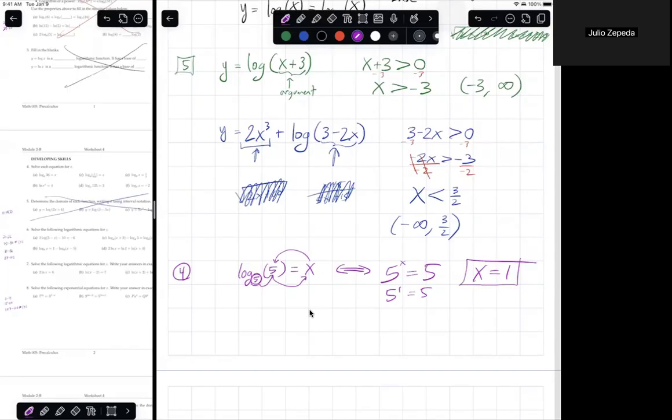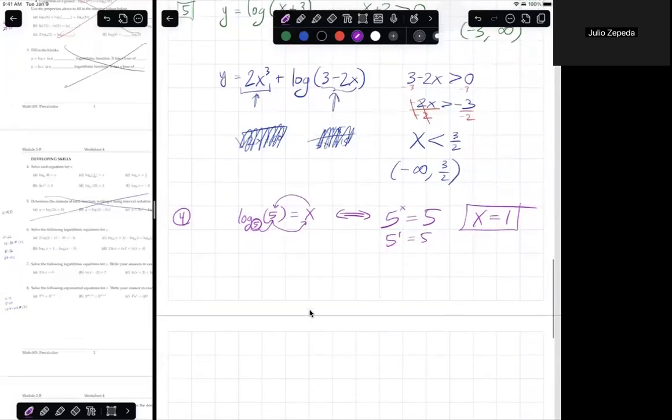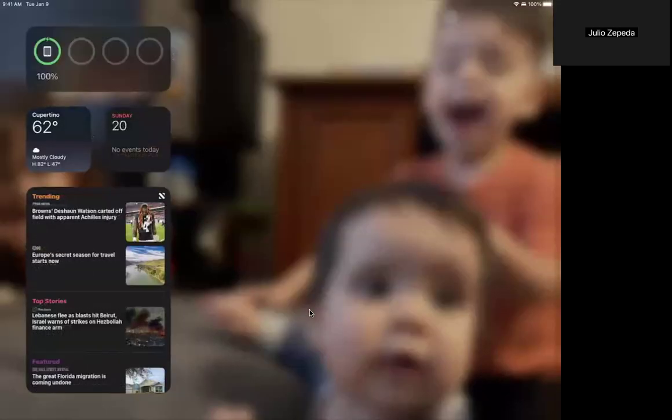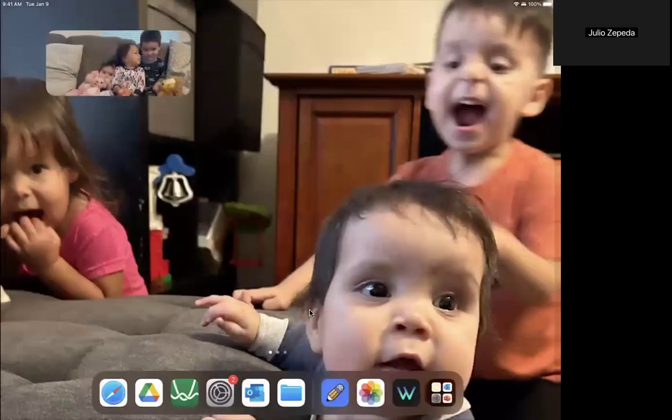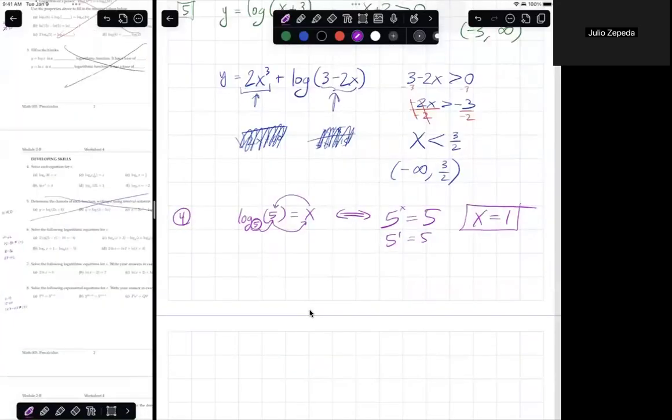Oops. Uh-oh, my pencil died. Okay. Let's see if it's dead. Yes. So let me go ahead and charge my pencil here just for a moment, and then we can keep this going and talk about the next problem.